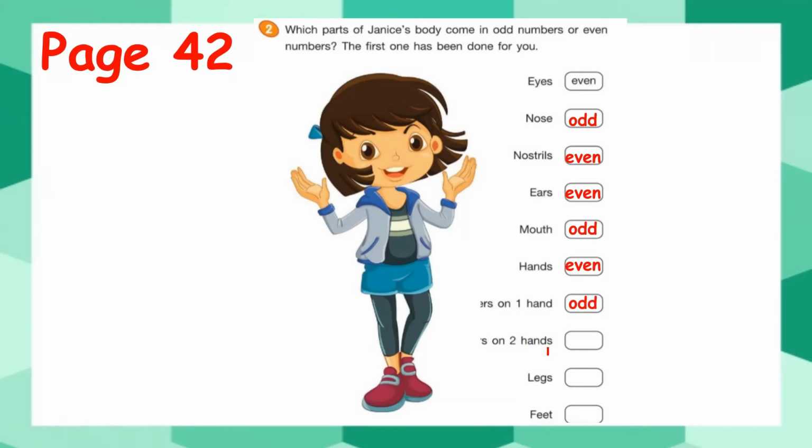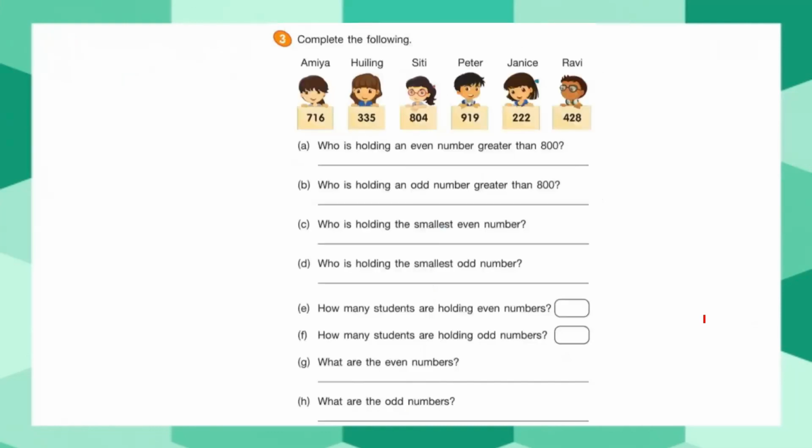There are 10 fingers on our 2 hands, so that is even. Legs. We have 2 legs. That is even. And feet. We have 2 feet. 2 is an even number. Okay. That is your activity on page 42. Last activity, this would be on page 43.